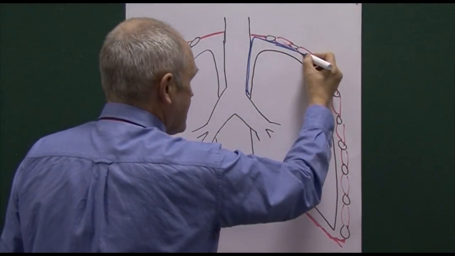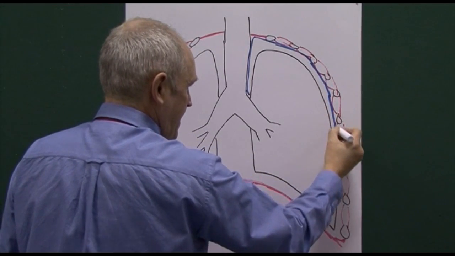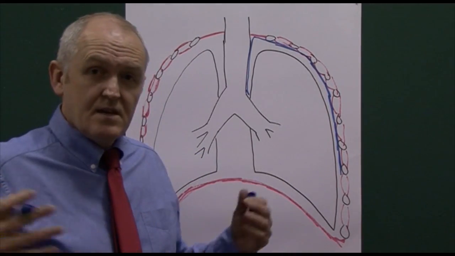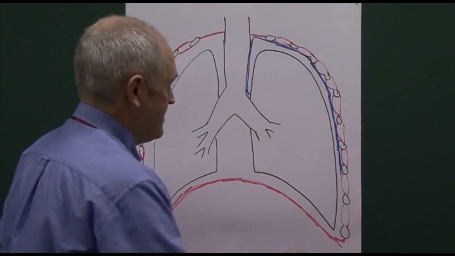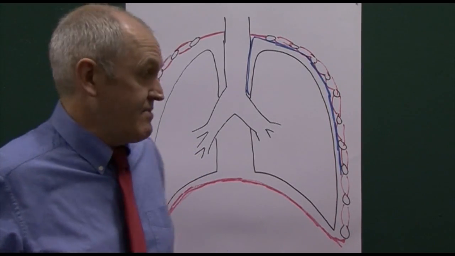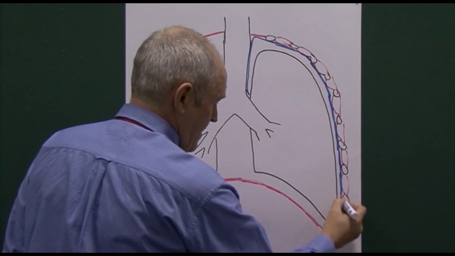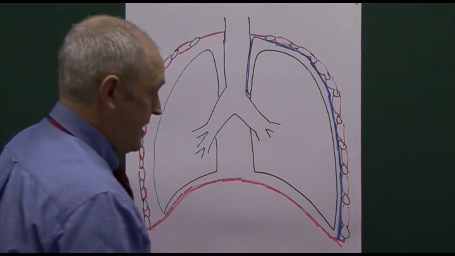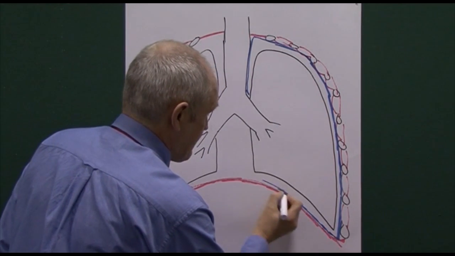It goes around the inside of the thoracic cavity. So if you open the chest and take out the lungs, you'll see this glistening, smooth parietal pleural membrane lining the inside of the thoracic cavity, and also lining the superior surface of the diaphragm.